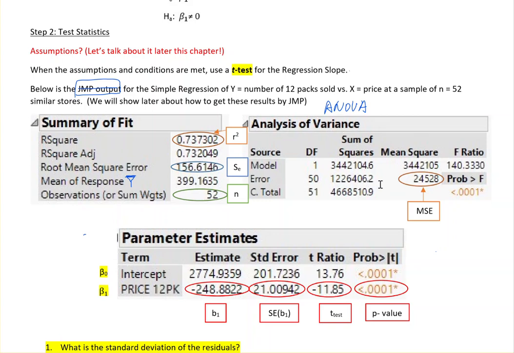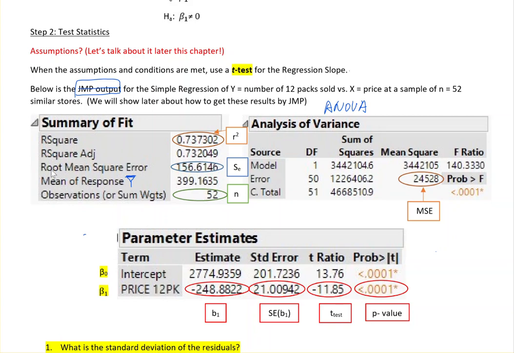The ANOVA table is very useful, but for now we will keep it until the multiple regression part. For this part you just need to know that this is the MSE, the mean squared error.